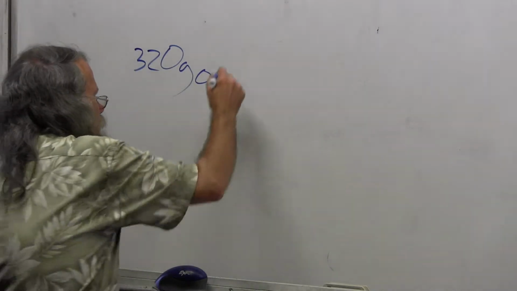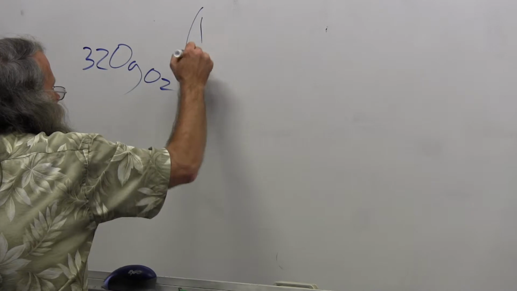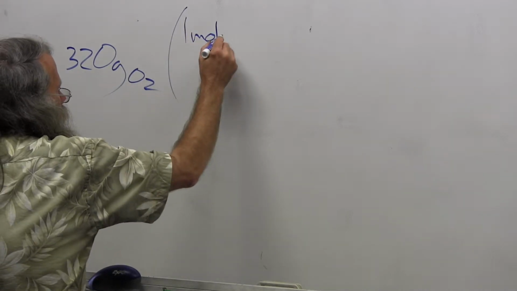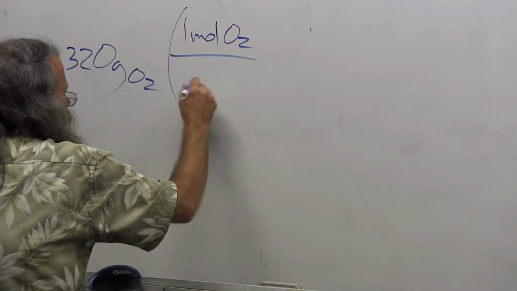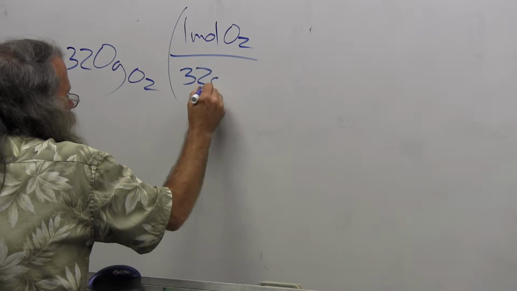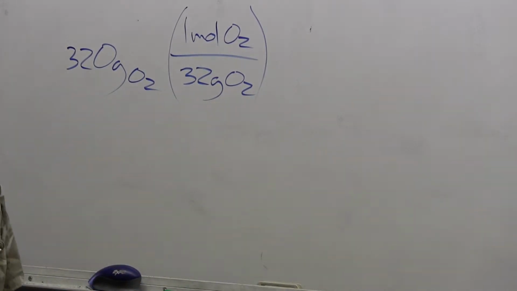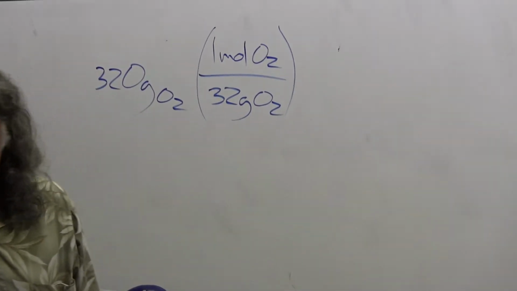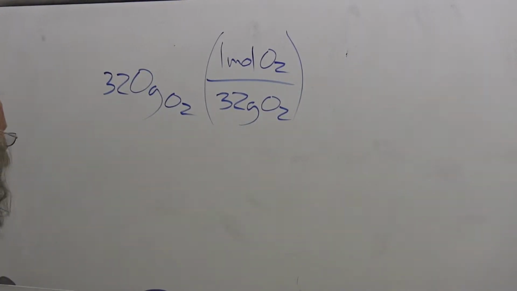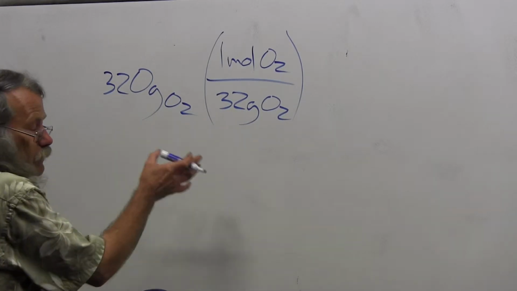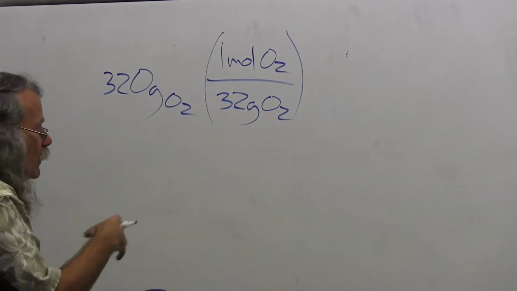Okay? And there is 1 mole of O2 for every 32 grams of O2, because oxygen has an atomic mass of 16, and 16 times 2 is 32. So, you can see where this is going to go.